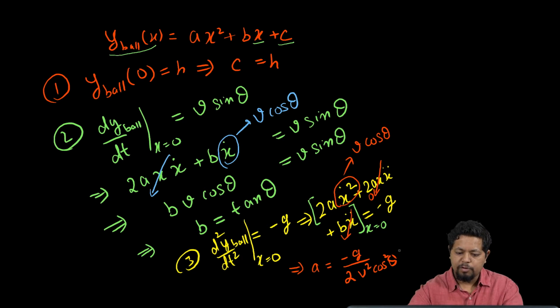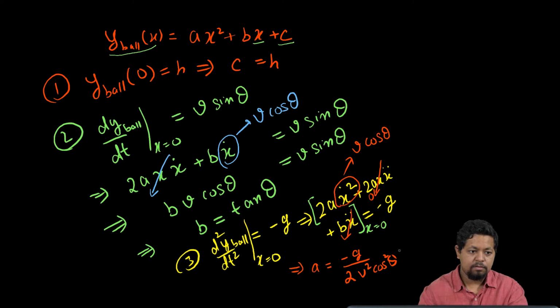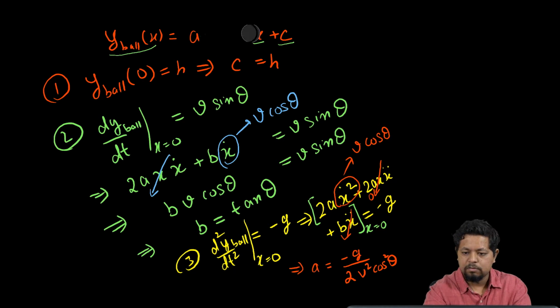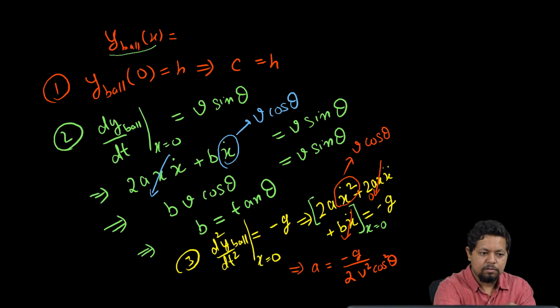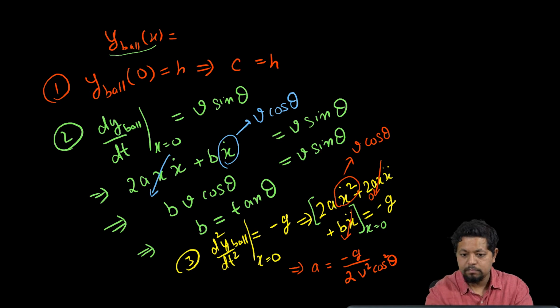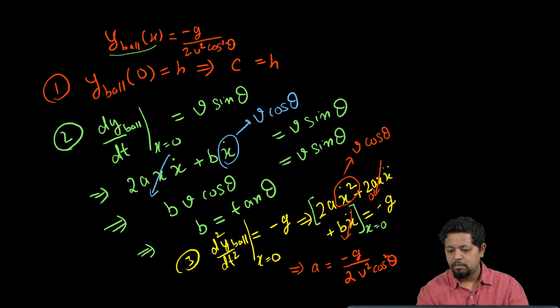Okay, so putting it all together, we have got minus g by 2v square cosine square theta x square plus b x, which is tan theta x plus h. Okay, so let's go ahead and now look at those two equations.